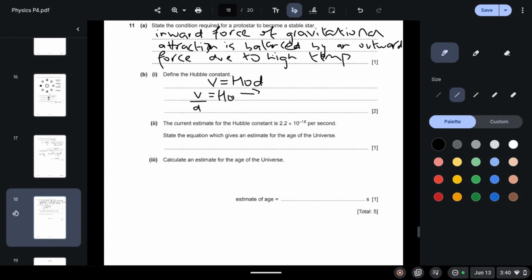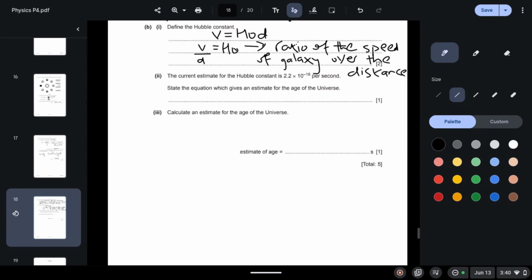So this expression here tells us that the Hubble constant is the ratio of the speed of galaxy over the distance. The current estimate of Hubble constant is this value.